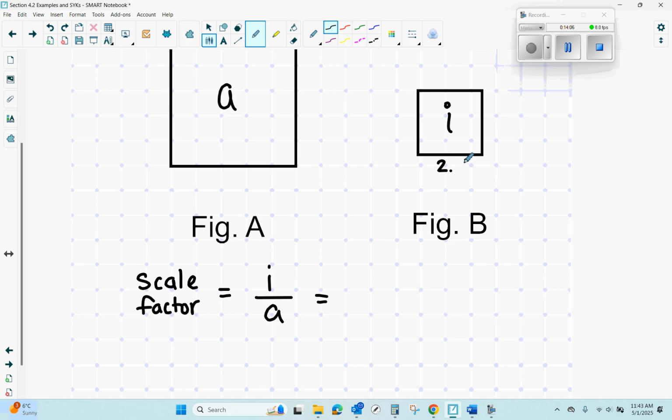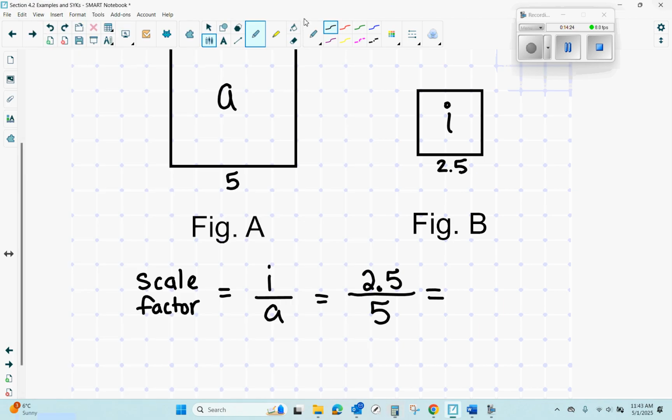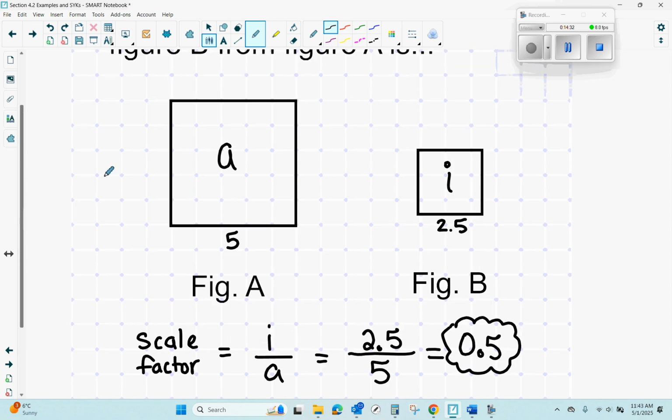That looks like 2.5 squares. 1, 2, 3, 4, 5 squares. So we're going to do 2.5 divided by 5. 2.5 divided by 5, of course, is a half. Okay, a scale factor of a half was used. And does that make sense? The scale factor is less than 1, so we have a reduction that took place there, okay?